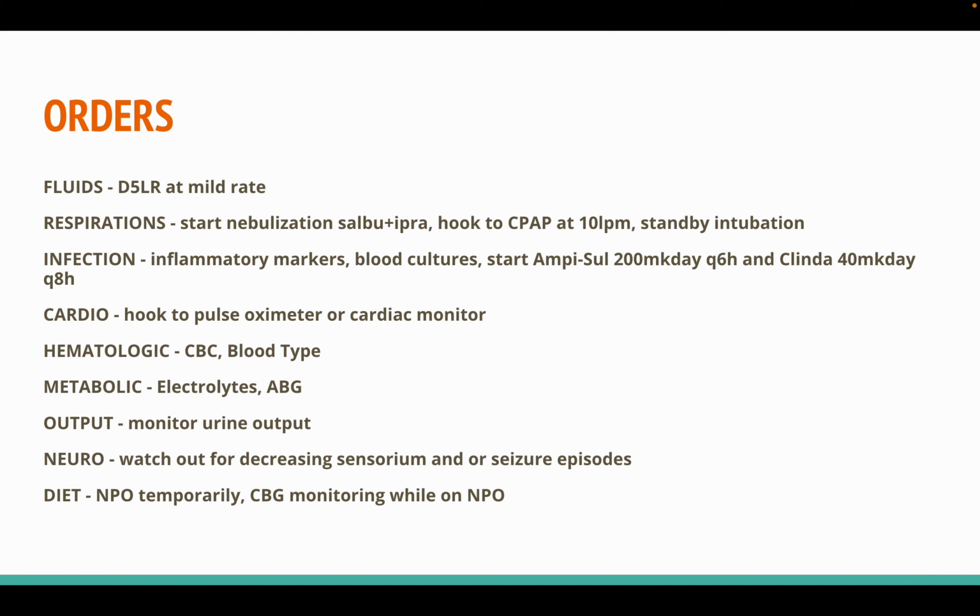And then hematologic, you could order CBC, blood typing, and then metabolic, since our patient is prone to dehydration and the infectious state, so laboratory derangements, you could order electrolytes, and as mentioned before, arterial blood gas, so that you can check if okay ang buffer system. And then for the output, you could place a doctor's order monitoring sa iyang urine output.